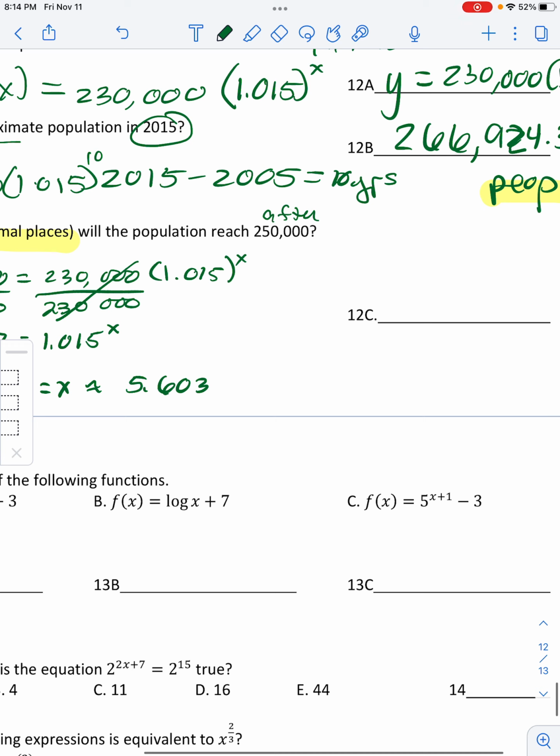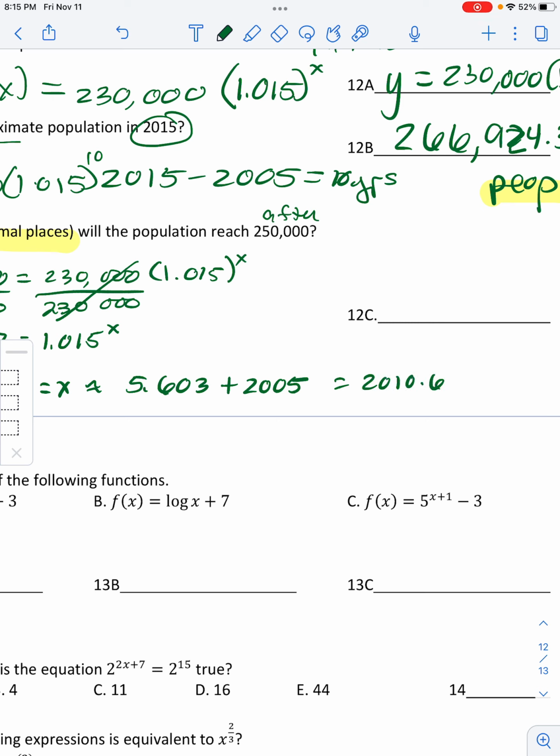So it asks what year. Oh, okay. So I actually have to add that to my 2005, which was the starting year. I wrote on my answer key 5.603, so that actually is not the perfect answer. Make sure you read if it says in how long, or when, or during what year. So my answer is like 2010.6.